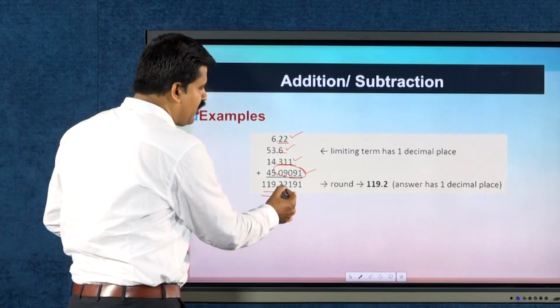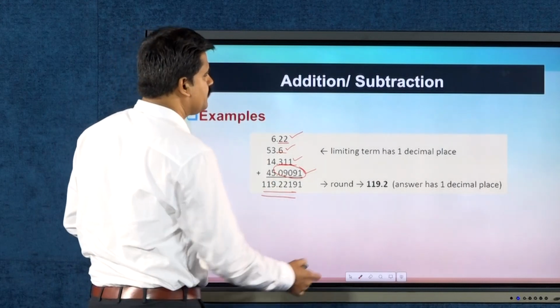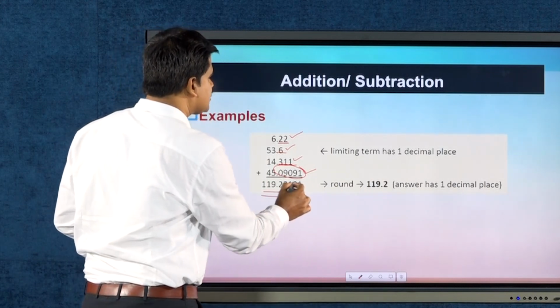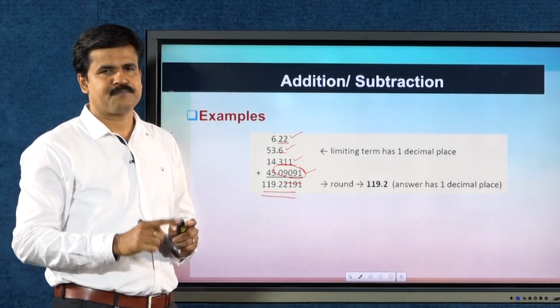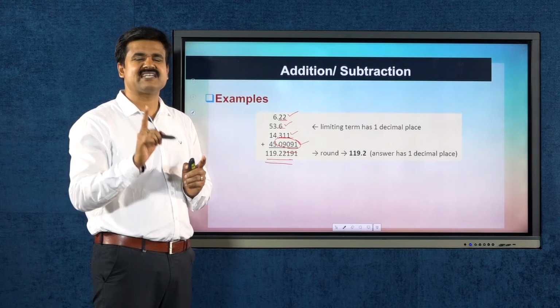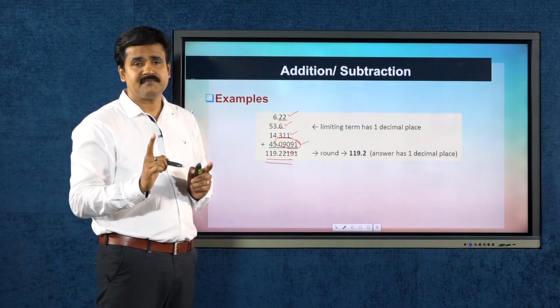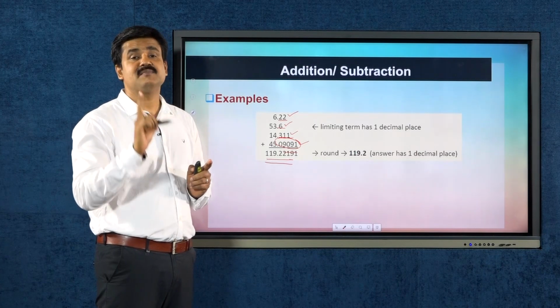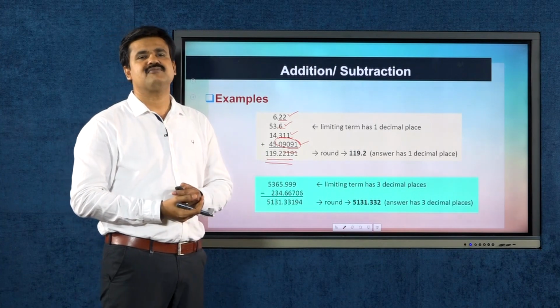So, 0.22191 should be rounded off to 0.2. Others should be ignored based on the rules of rounding off. So, whenever you are adding or subtracting some quantities, the final result must have decimal places similar to the limiting term. This can also be illustrated with the help of subtraction.